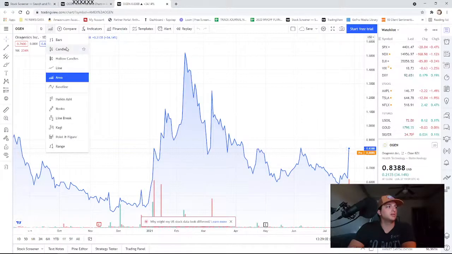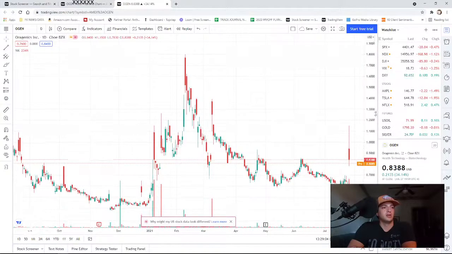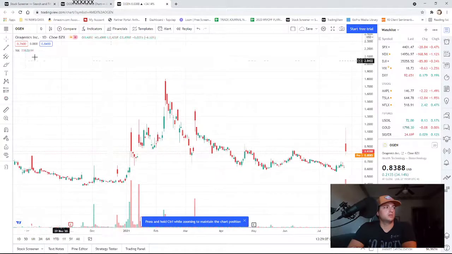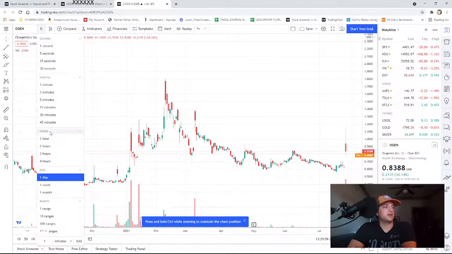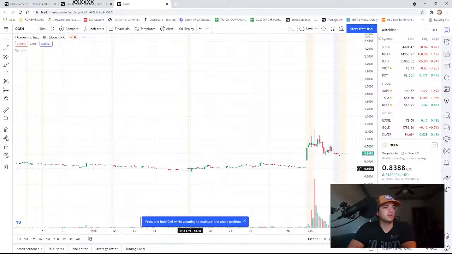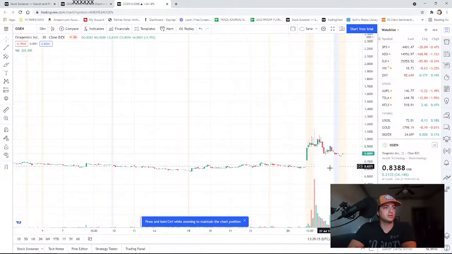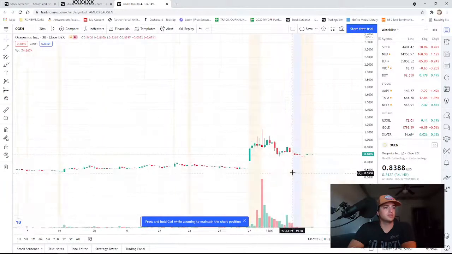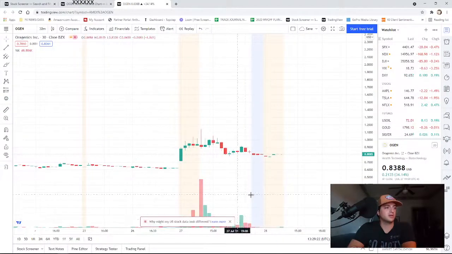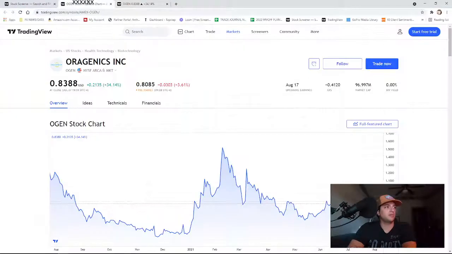There's a line chart. You can use a candle chart. So it pushed up pretty high yesterday, and then we'll go with the 30-minute chart so we can get some overnight sessions. Still kind of continuing some of the pop off from yesterday.